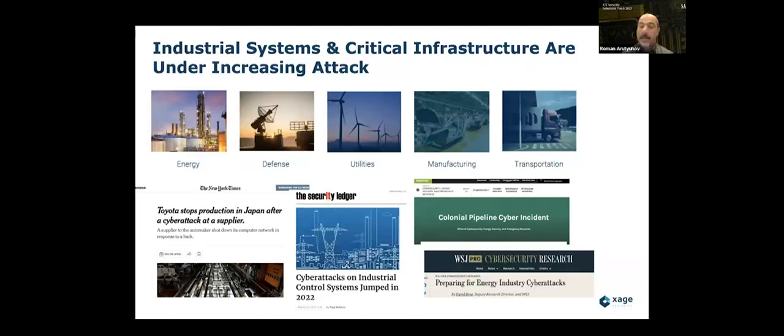And then I got into industrial networking at ABB, where I was running the industrial networking group, really focusing on connecting millions of assets out there across the energy, manufacturing, transportation, and defense verticals as well.